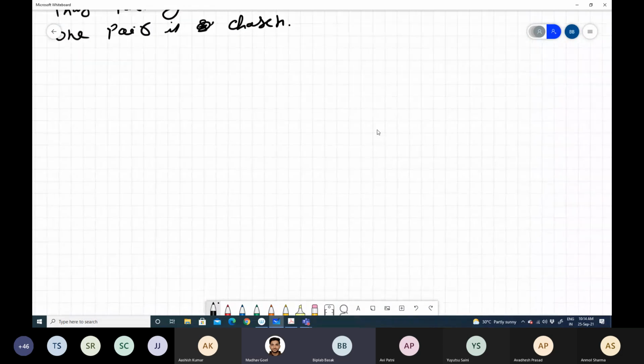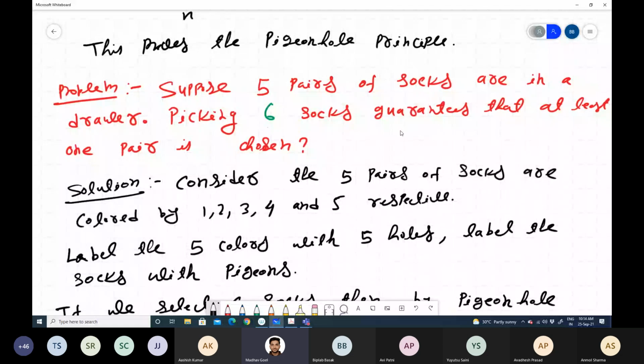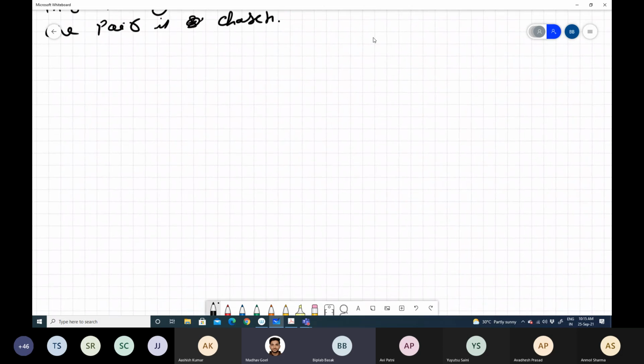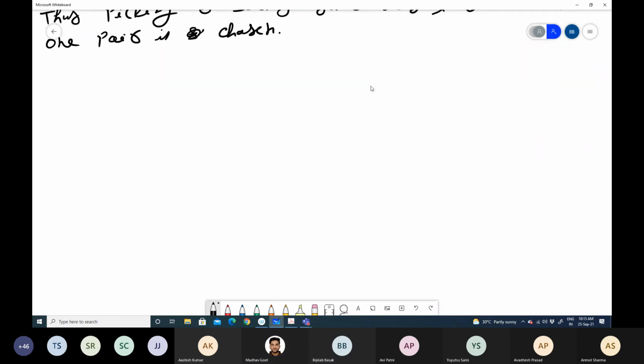Sir, but if we ask the minimum number, then we have to show that fewer than 6 socks doesn't work. Like this, we also have to show. Yeah, I got what you are saying.